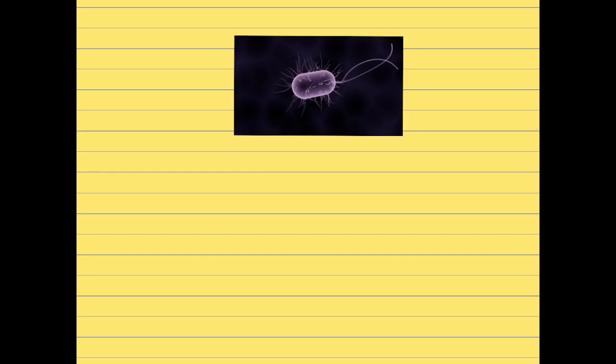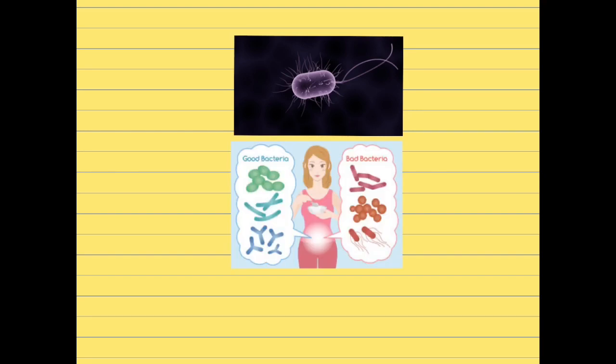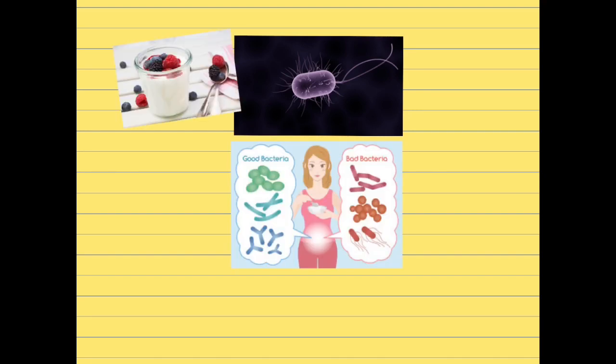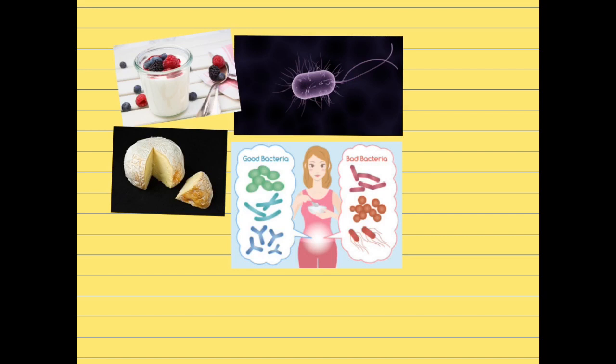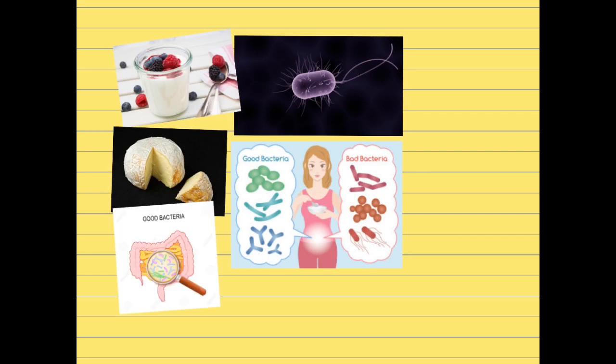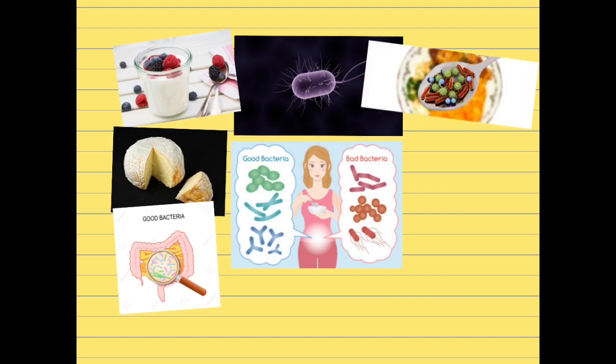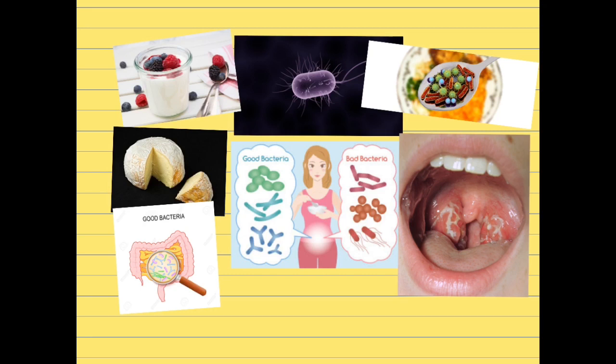Sometimes Bacteria gets a bad rap. Yes, there are some bad bacteria, but there's also good bacteria. There can be good bacteria found in yogurt, some cheeses, and even in your gut to help you digest and process food. On the downside, there is some bacteria like food poisoning and infections like strep throat.